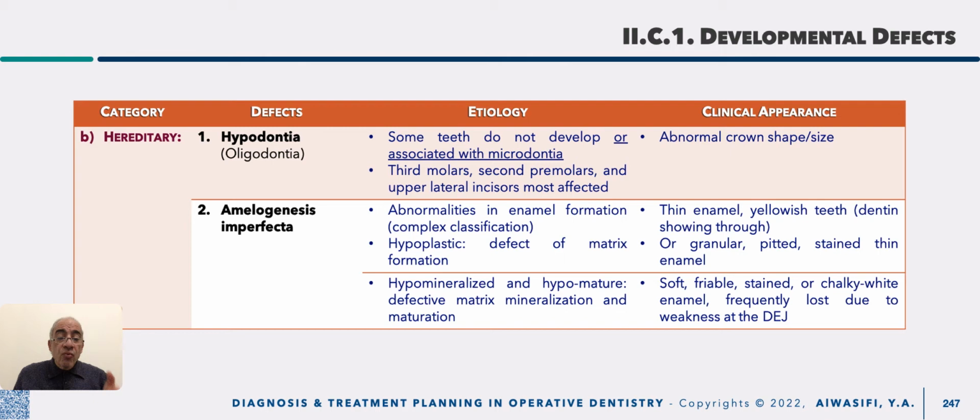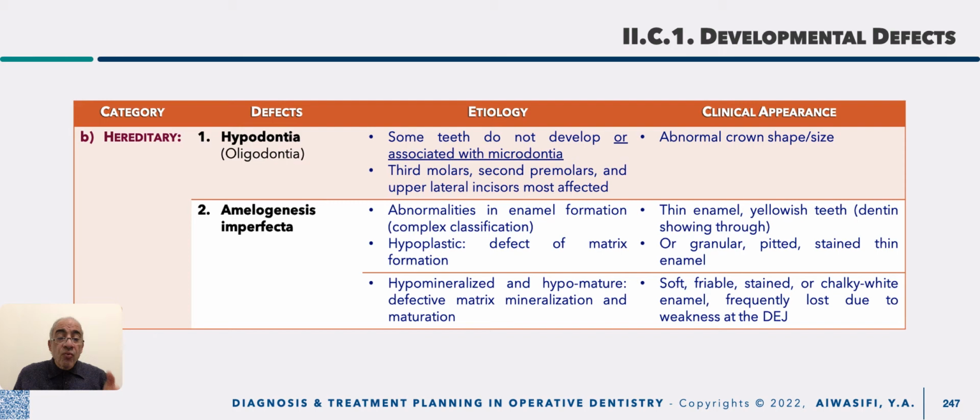It doesn't appear pitted. It is mostly thin with yellowish discoloration due to dentine showing through. It appears mostly granular. Sometimes it appears pitted, but it is a stained thin enamel. It is easily stained because it could receive stains from outside, and at the same time, it shows the underlying dentine.